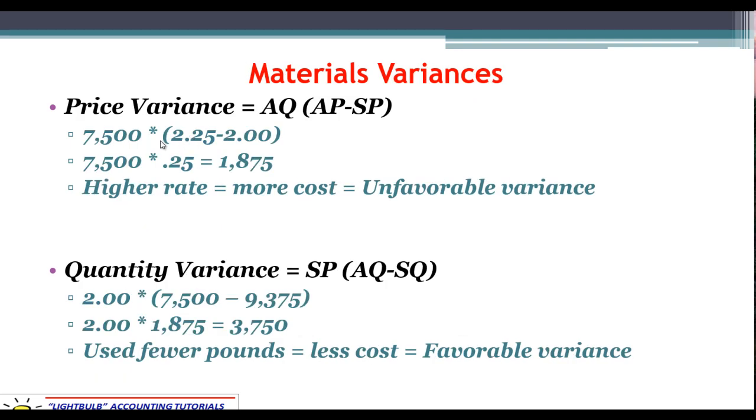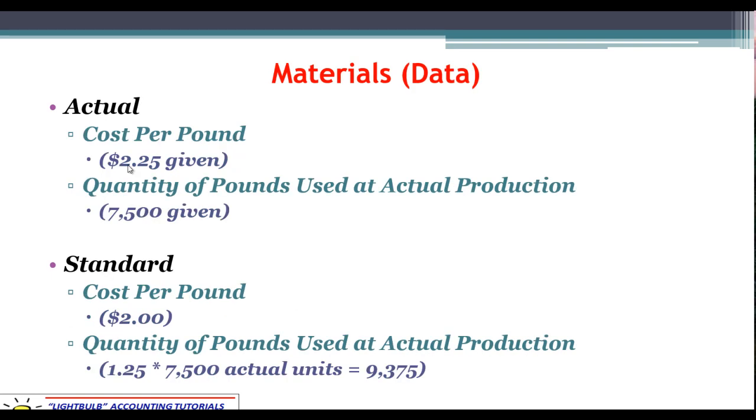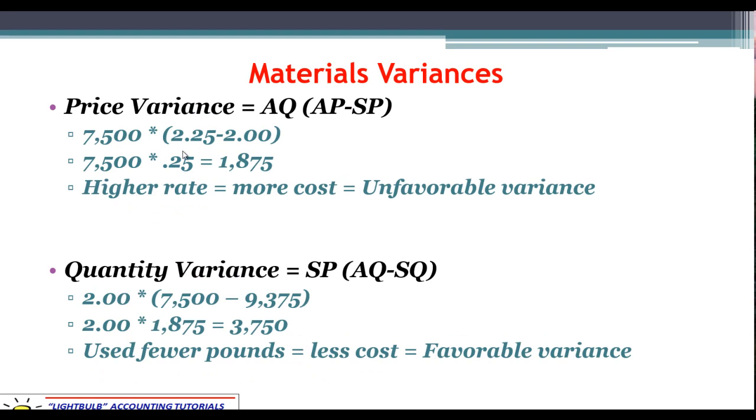So now we have all of the information we need to work our variances for materials. Again, our formula is the difference in the two prices, actual minus standard, multiplied by the actual quantity. So from back here, we had $2.25 and $2. So it's a quarter difference. We actually spent 25 cents more per unit than expected.